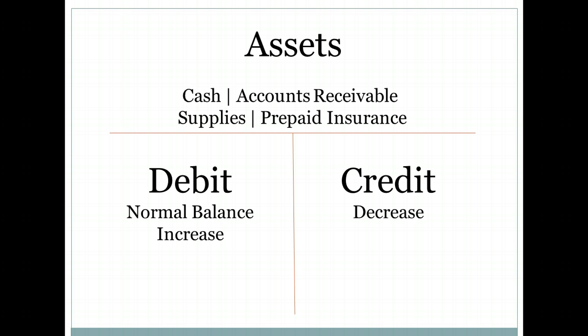So again, cash, accounts receivable, supplies, prepaid insurance, all of those have a normal debit balance. To increase them, we debit, meaning we want to increase the balance of our cash account or our supplies account. To decrease them, we would credit them.